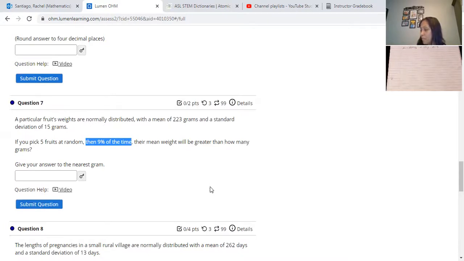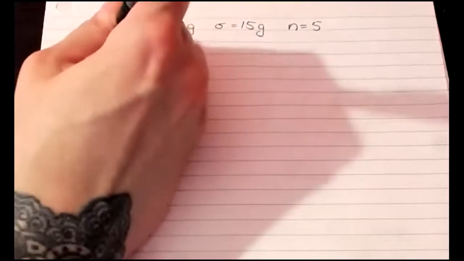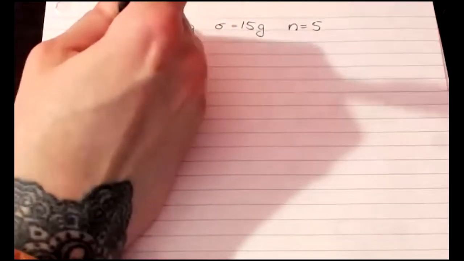So we want to look at our normal curve, and we want to do the same idea we did before with figuring out that 9% of the time. We notice that the area to the left of a certain value is 9%, which is going to be in this tail. 9% is the same as 0.09.